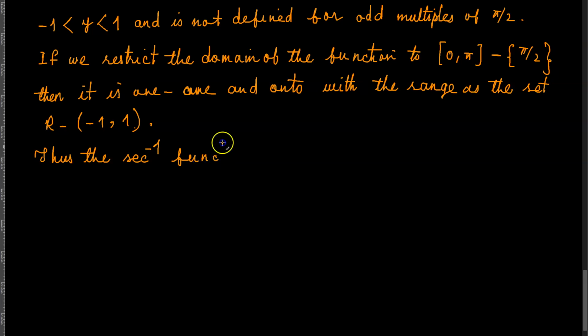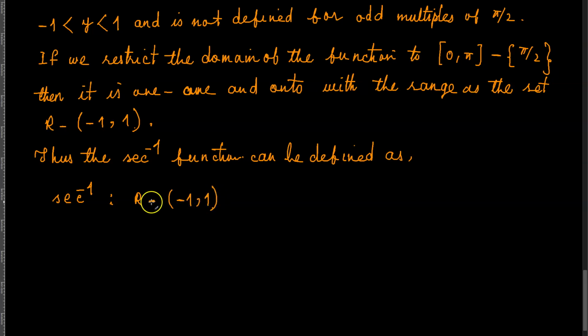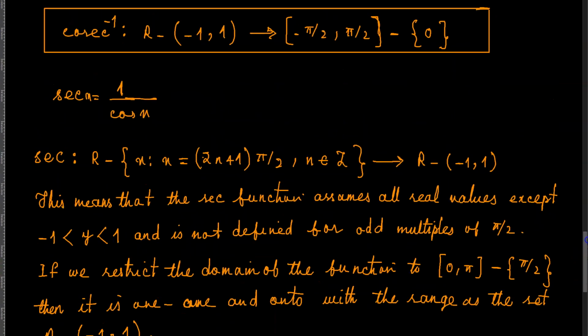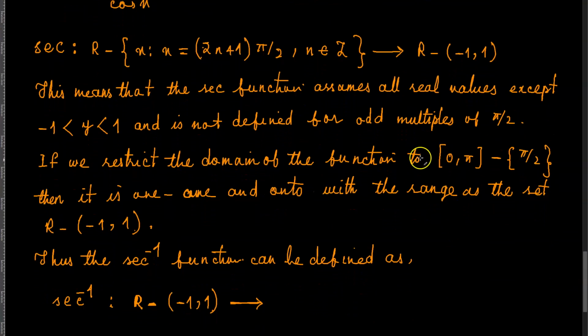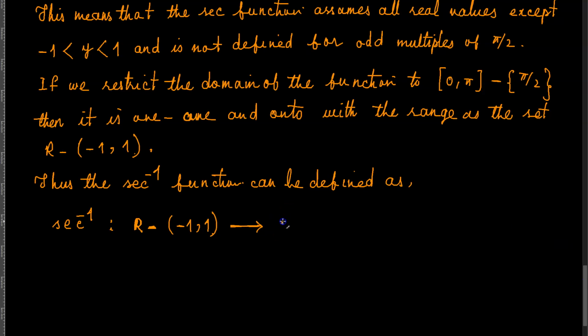Thus the secant inverse function can be defined as the domain of the function becomes the range of the function, which is R minus the open interval negative 1 comma 1, and it has to go to the domain that we restricted the function to, which is 0 to pi minus the set containing pi by 2, right?